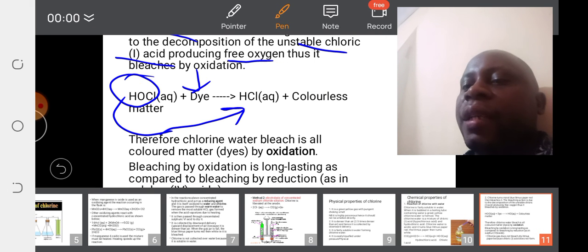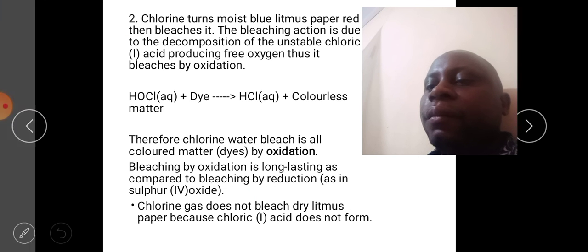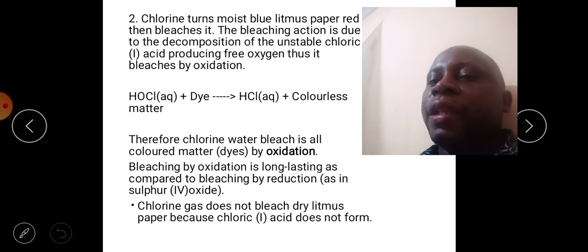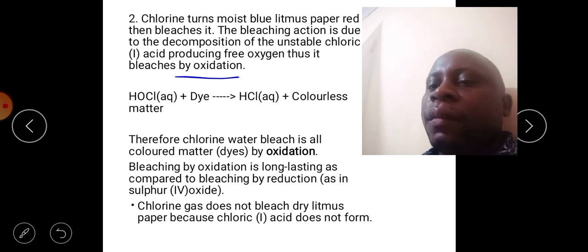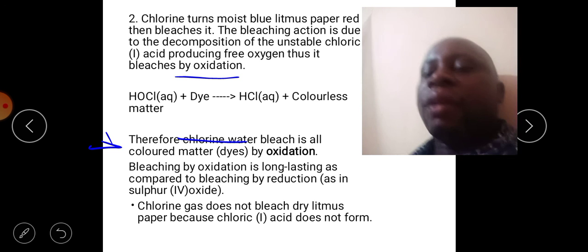Hence, we are saying that chlorine bleaches by oxidation. So this means that when you add any colored substance in chlorine water, it will be bleached. And the bleaching of dyes by chlorine water is by oxidation.